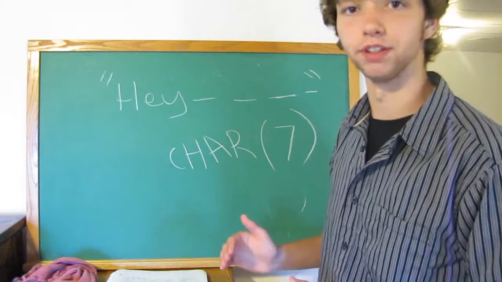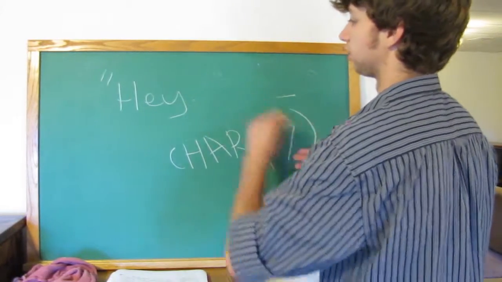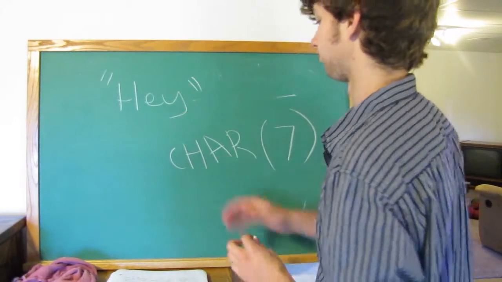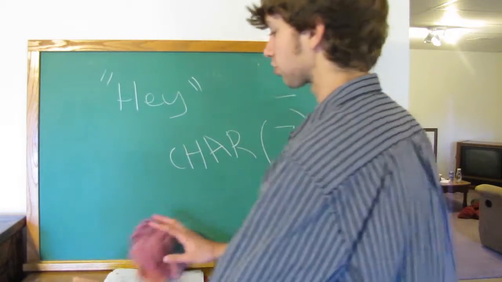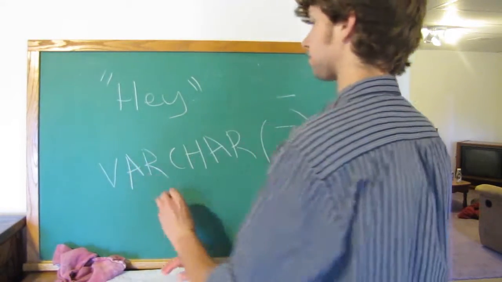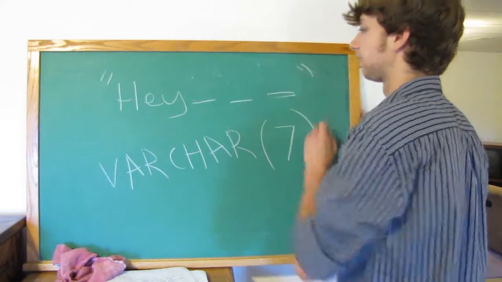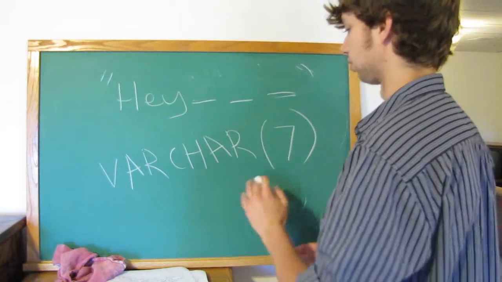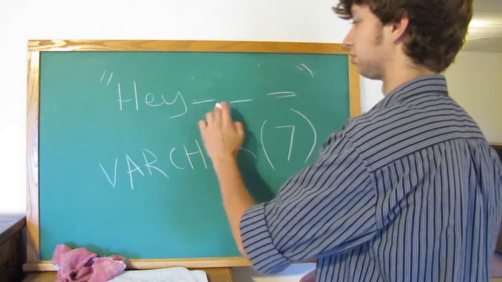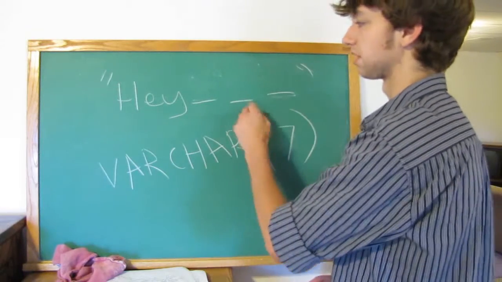But when I retrieve it, it'll erase all the spaces and give me the original entry. But if I use varchar, on the other hand, check that out, varchar 7, and I store in hey with 3 spaces, it'll store whatever I put. So it's fine that it's only 6, 1, 2, 3, 4, 5, 6. That's what it will store. And then when I retrieve it, these spaces will still be there.